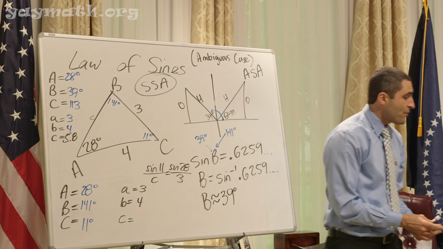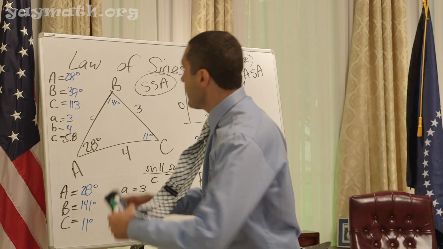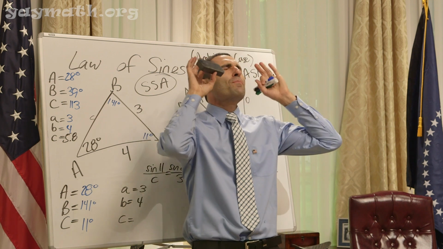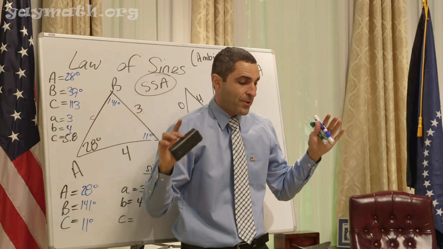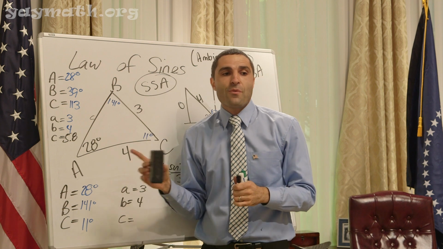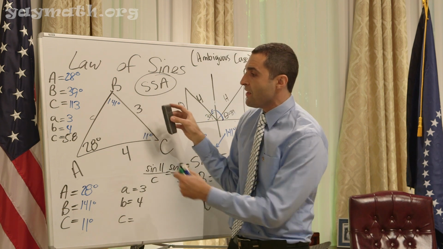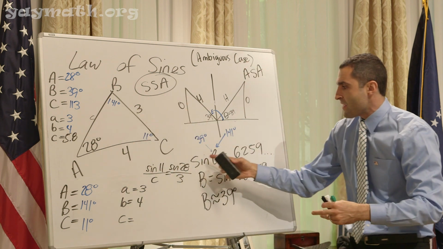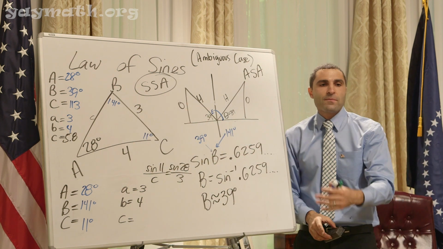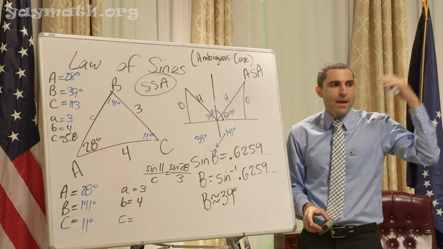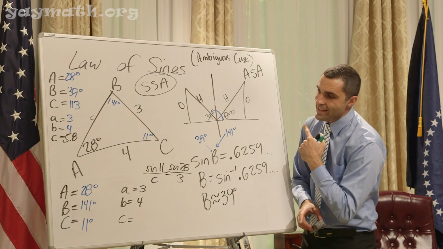Let's see if you could spot the ambiguous case with the next one. By the way, super awesome thing to share with you. The books teach this in a way that I reject, because they don't do it conceptually with sine. They do a whole bunch of formulas that make no sense, so you end up memorizing. You'll notice you memorized nothing here.